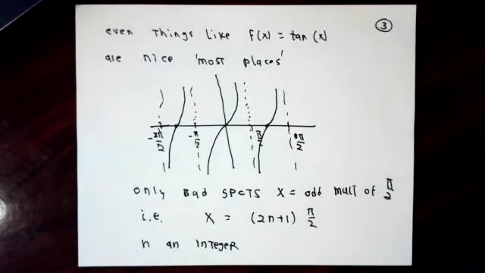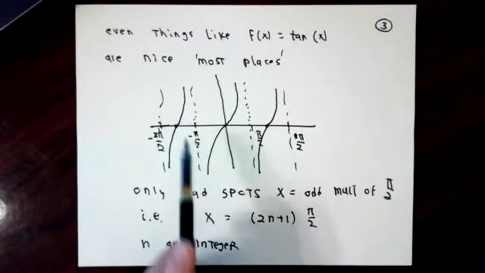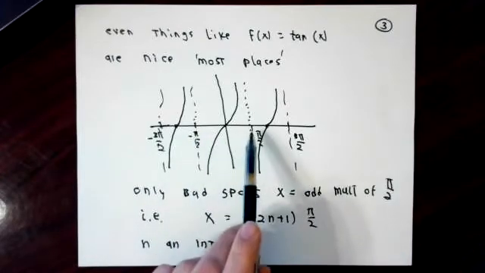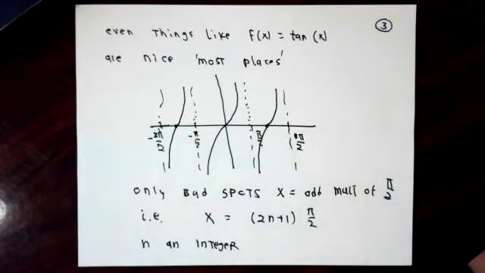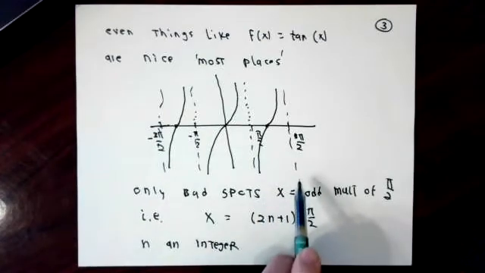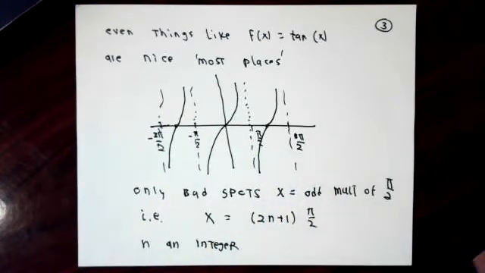Even something like the graph of the tangent function is, at least in chunks like this, strictly between negative pi over 2 and pi over 2. I have a function value for each x value. For each x strictly between pi over 2 and 3 pi over 2, I have a function value.